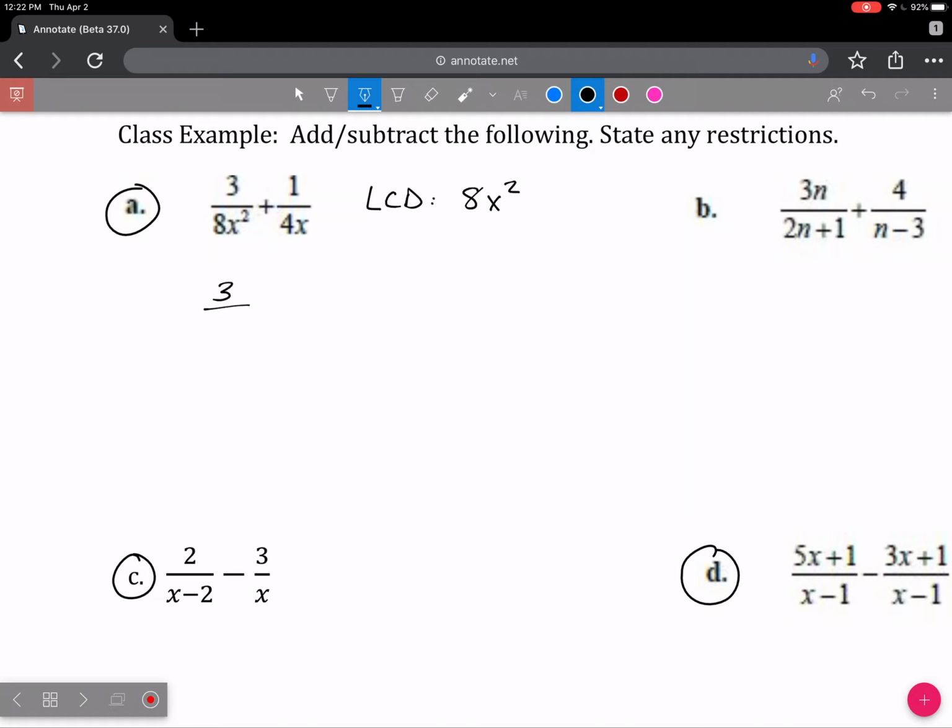So the first one I don't need to adjust, it already has that denominator. Now the second one, and this is what I like to do, I like to use a different color pen and edit right on the question itself. So I'll put 2x there, I'll put 2x there, and now you can see what's going to happen. I'll have up here 1 times 2x, that's just 2x, all over, of course, the 8x squared.